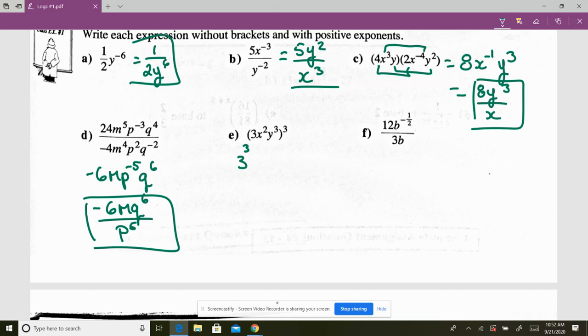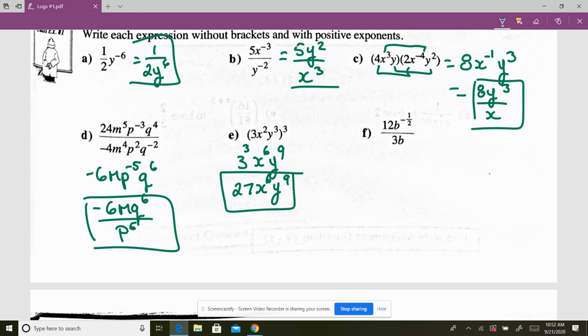So it's x to the power of 6, y to the power of 9. What's 3 cubed? 27. So it's 27x^6 y^9. Is that okay? Okay.